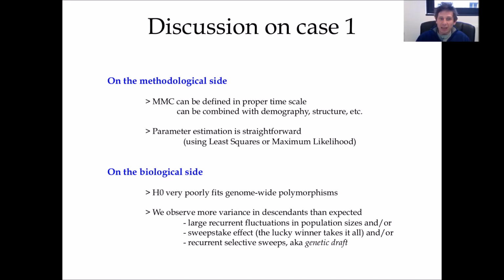Maybe there is a sweepstake effect, like sometimes there is a Genghis Khan, or random Genghis Khan unrelated to natural selection, that has many descendants, or by inheritance of cultural traits or by some reasons. Or it could also be the case that there is a recurrent relative sweeps known as a genetic draft that could explain the data.